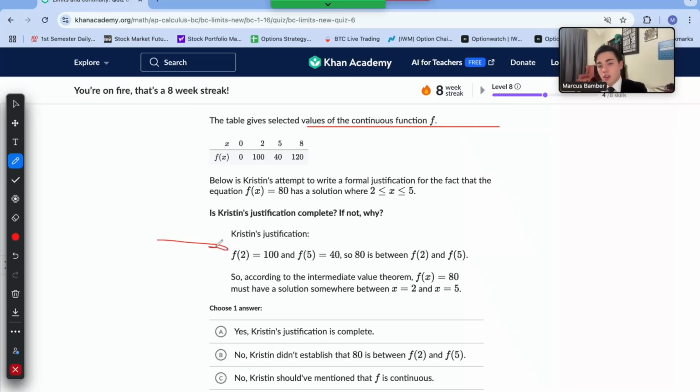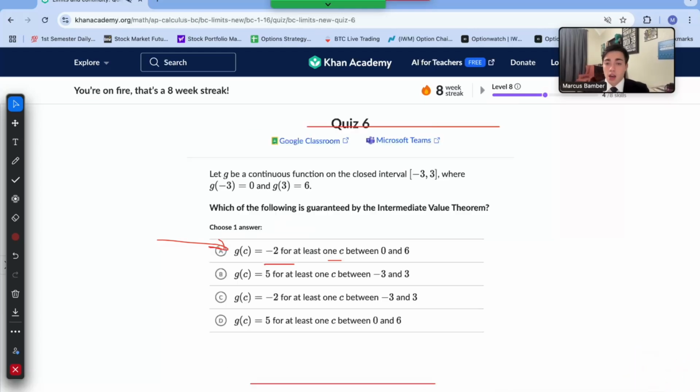Notice, in Kristen's justification, we do prove that 80 is between the two values. It is indeed between 140, so 80 must be in between those two values. But Kristen never mentions that f is continuous. We have to establish that in order to use the intermediate value theorem. It doesn't matter if they mention it in the question, we have to mention it ourselves in order to provide a complete justification. Answer choice C is correct here.